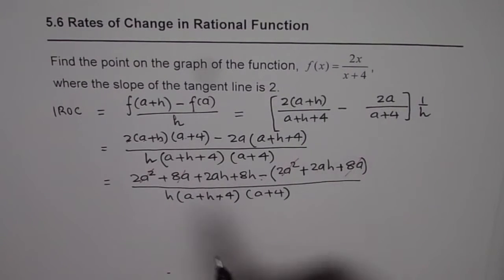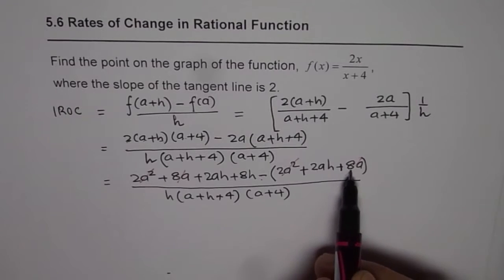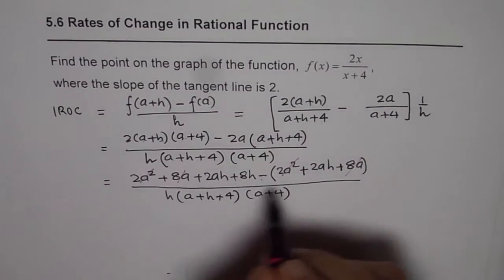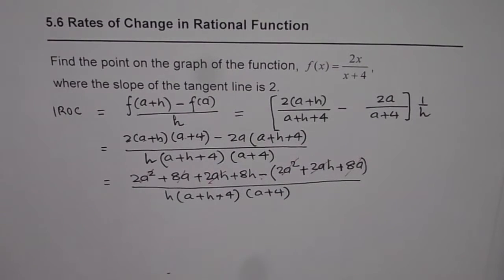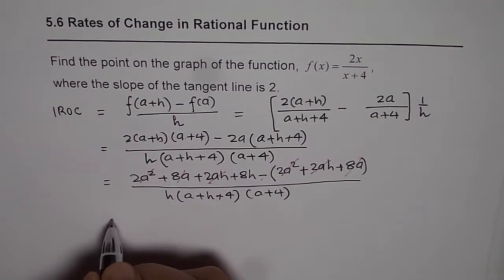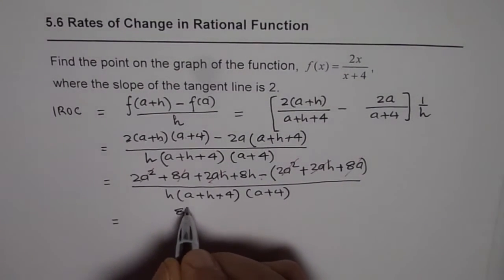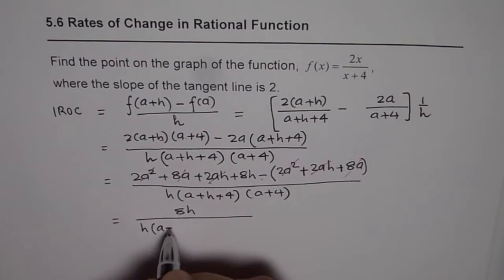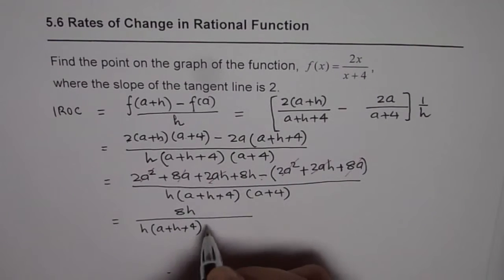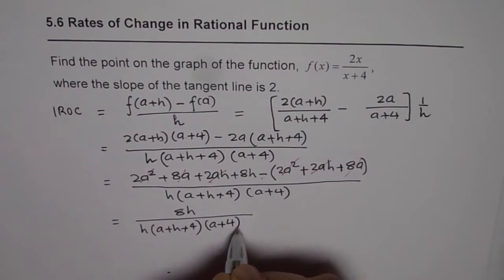Okay. So take away 8a from 8a. 2ah, right, that also cancels, right? So once we do that, we are left with 8h divided by h times a plus h plus 4 times a plus 4, correct?